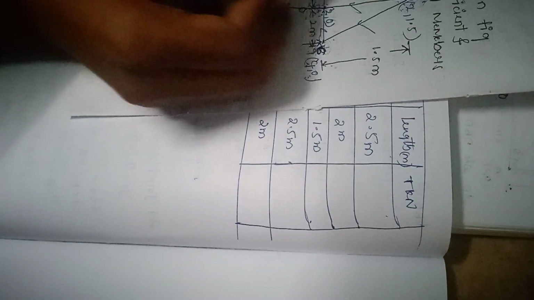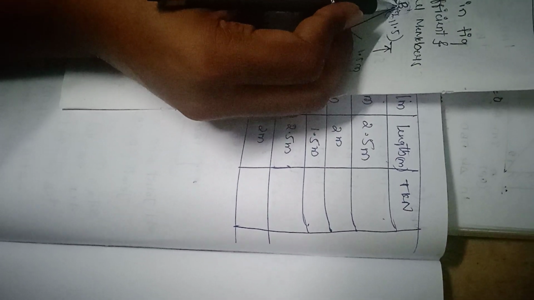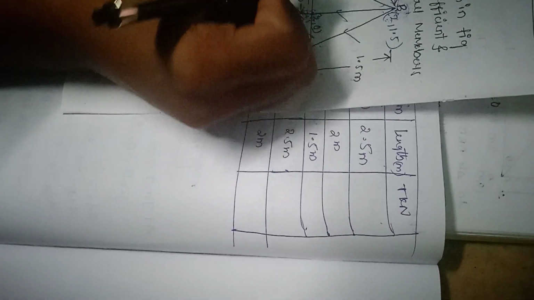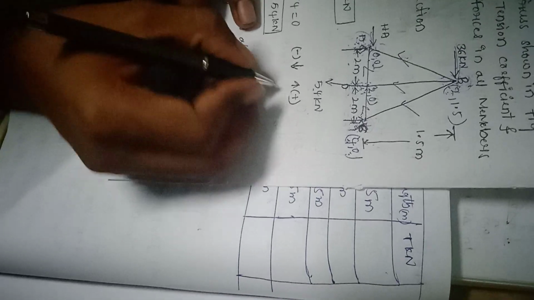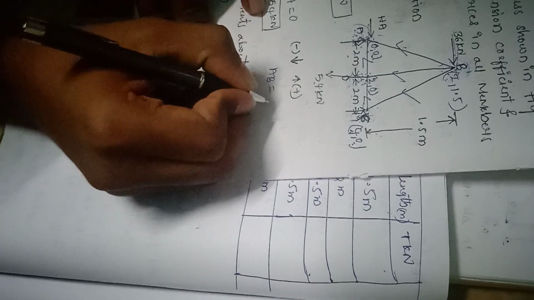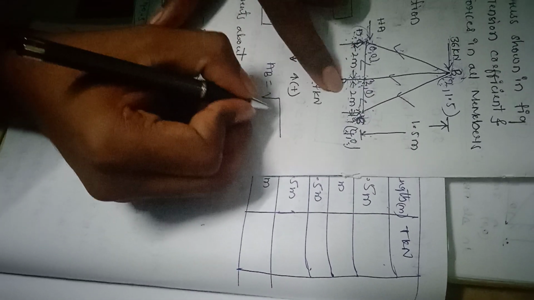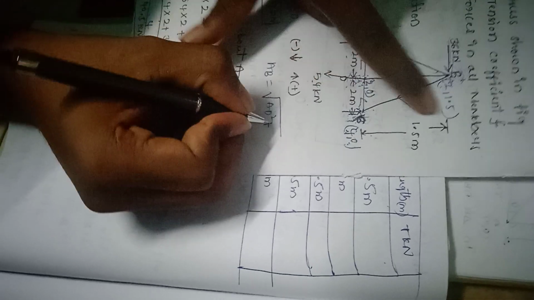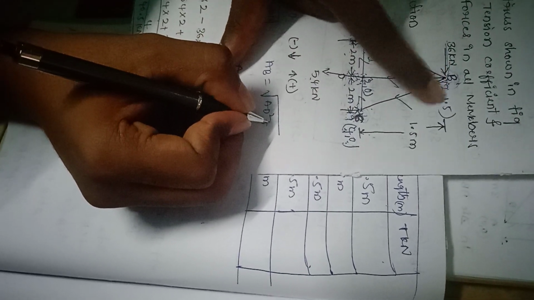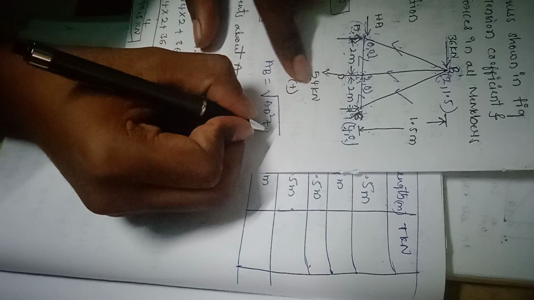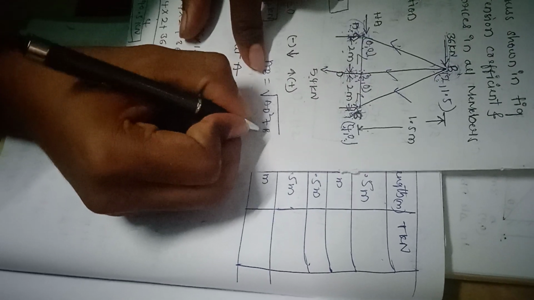And the length for AB, see here, A to B distance, how much did you get? For calculating this AB distance, AB equals under root AD square plus BC square. This is 1.5 meters, right? That is B to C distance.